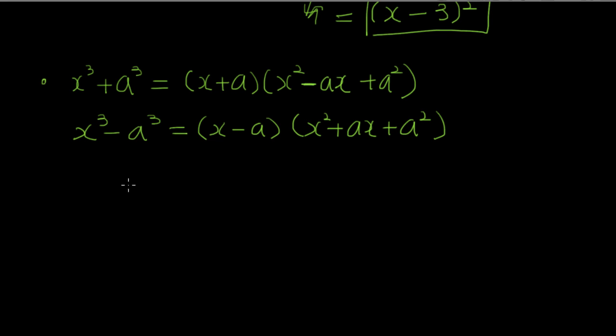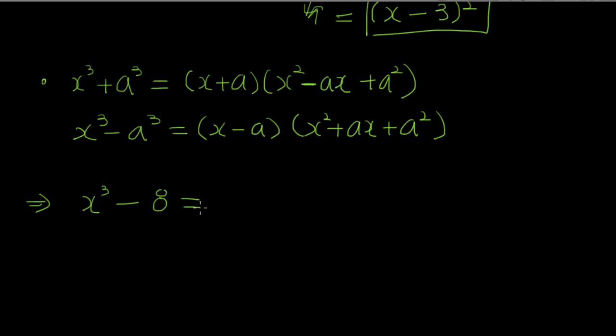So this is another weird case. But if you recognize this format, that expression will be factored like this. So let's say x to the cube, it has to be a cube, minus 8. Example, right? This is an example.